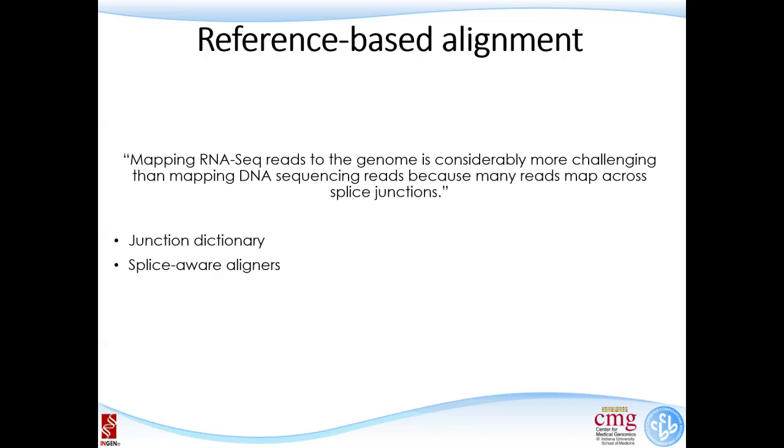There are also some more modern techniques, splice-aware aligners, which can do this on the fly. They can build indexes and notice anomalies when they try to place these reads, which minimizes the amount of time and the errors they make while they're actively doing this alignment.